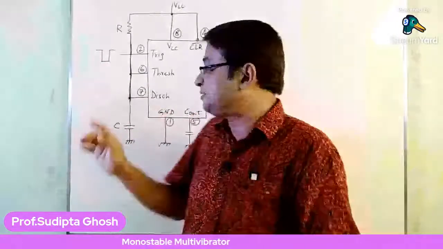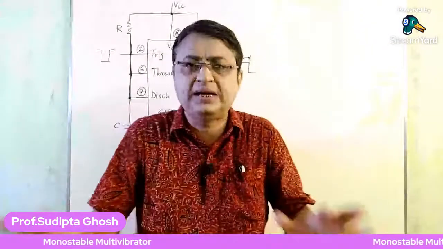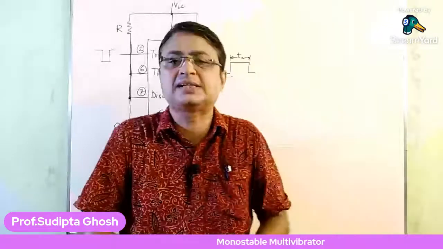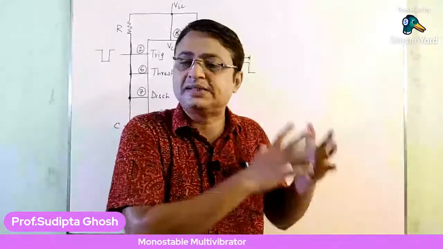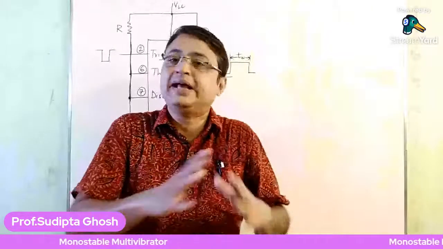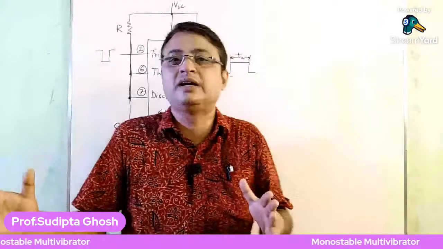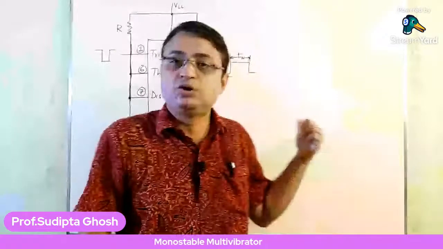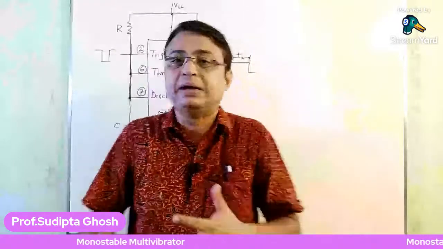Now as this pin is virtually disconnected, we have already discussed that this word is virtually disconnected. As this pin number 7, the discharge pin, is virtually disconnected from the discharge transistor internal to the 555 timer, what happens?